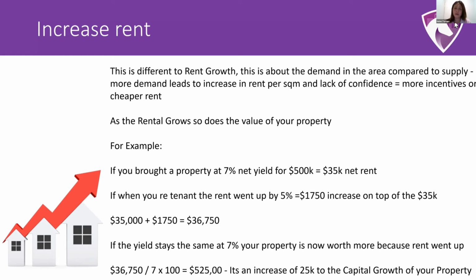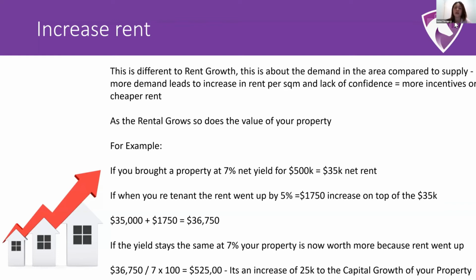So it's not a huge amount of increase for the tenant, but how that flows through to you is that instead of getting $35,000, you're now getting $36,750. Remember, your mortgage is exactly the same, so that $1,750 goes straight into your pocket. But let's say the market hasn't changed and the yield stays the same at 7%, so the return stays the same at 7%.